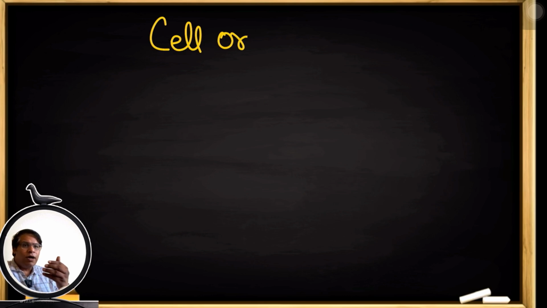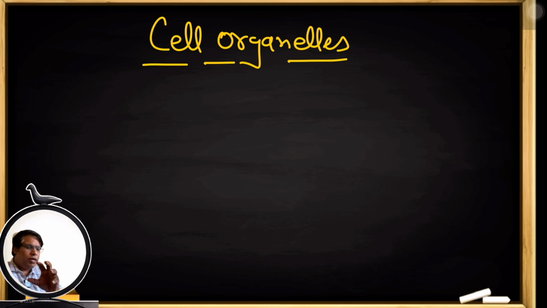Now come to the next point. Here I have told you, in the case of eukaryotes, you are going to see a bigger cell size. When you have a bigger cell, the cell has to manage all its parts.